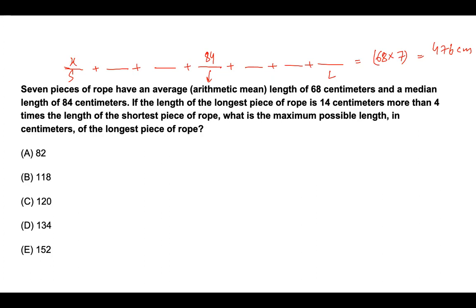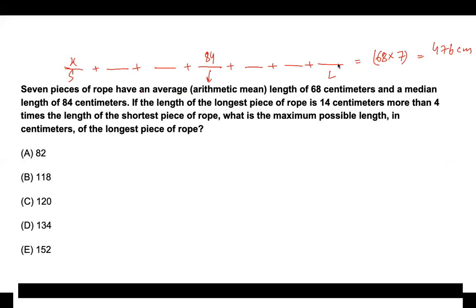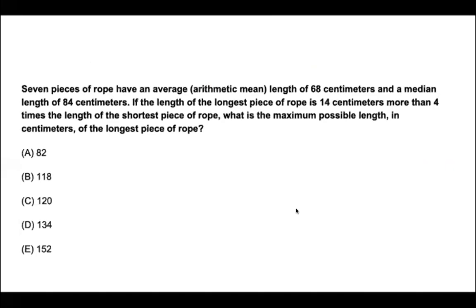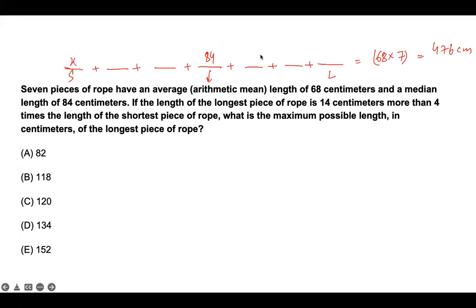If I consider the length of the shortest piece as x, then the longest piece is 14 more than 4 times the shortest, so it is 4x plus 14. So now we know the shortest, the longest, and the median. The question is, what is the maximum possible length in centimeters of the longest piece of rope?